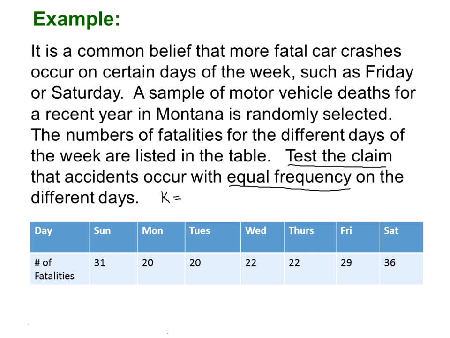So the probability of getting into an accident on any of the days is the same. That's what we would write in the null hypothesis. We're testing the claim that accidents occur with equal frequencies. So K is the number of categories. Notice that our data is broken down into 7 categories, the categories being the days of the week. What do you think N is equal to?